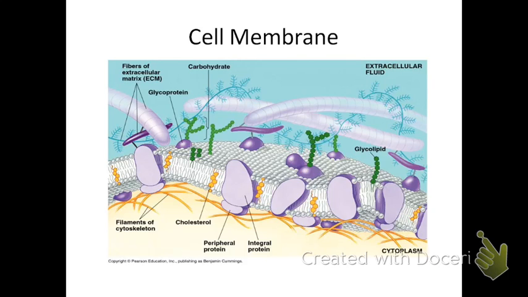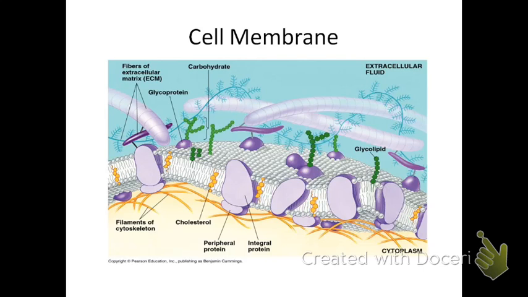You can see that this one runs from one side all the way to the other. Same thing here, and here, and here. So an integral protein runs into or through the phospholipid bilayer.